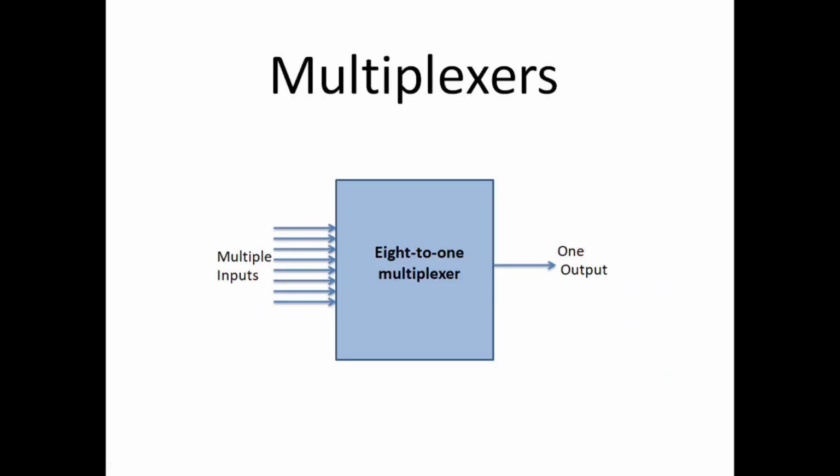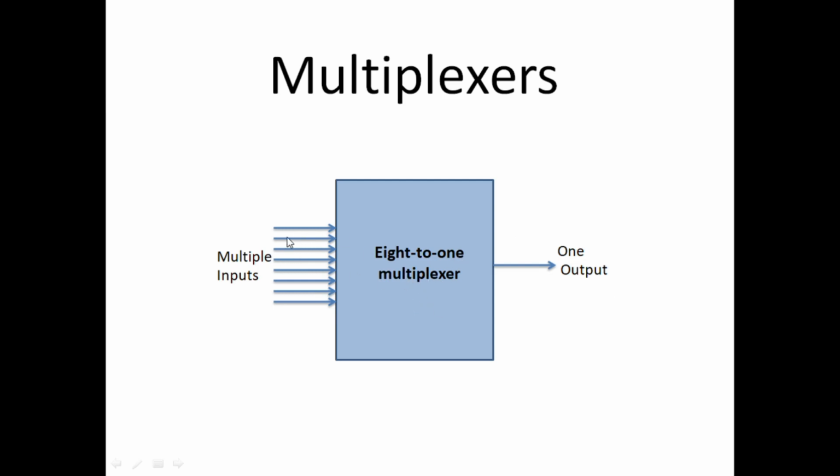Okay, so multiplexer. The next topic is multiplexers. What are multiplexers? These are combinational circuits which take multiple inputs and steer them to a single output. For example, here it's an 8-to-1 multiplexer.